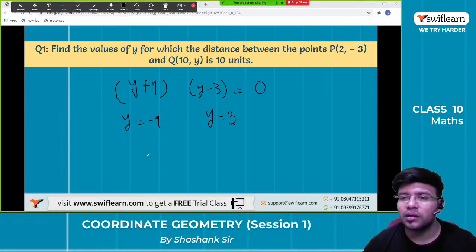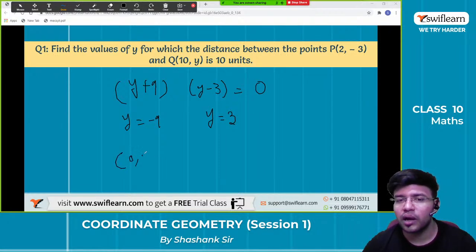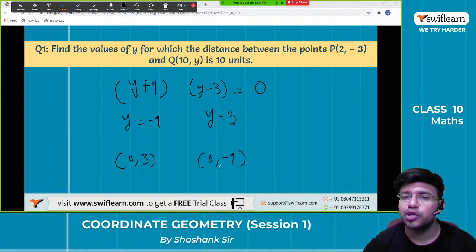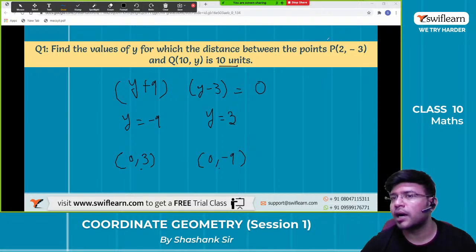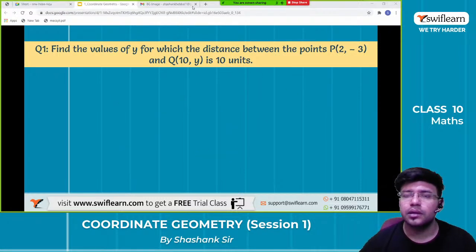The required coordinates are 0 comma 3 and 0 comma minus 9. These 2 points are 10 units far from the point Q. This is what it means.